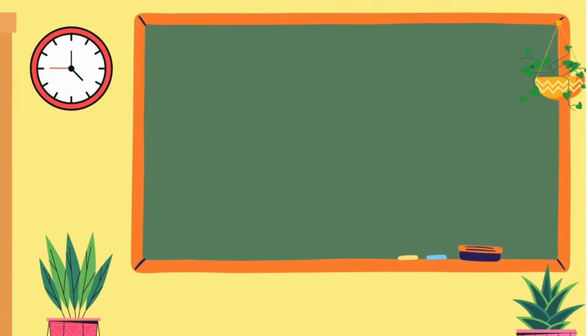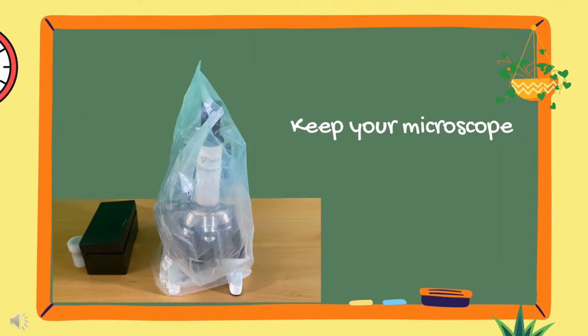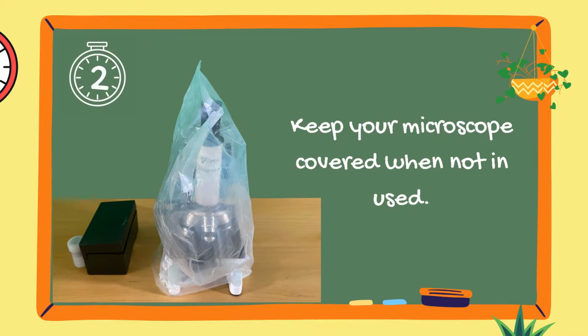Now, let's check first if you know how to focus a specimen under a microscope. Determine if the following procedures are correct. Keep your microscope covered when not in use. That's right! We need to cover the microscope when not in use.